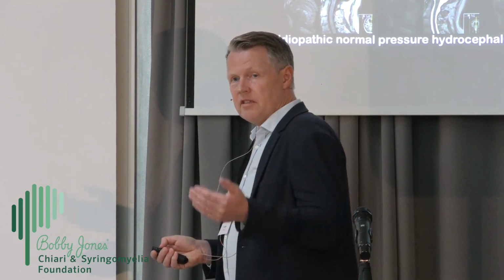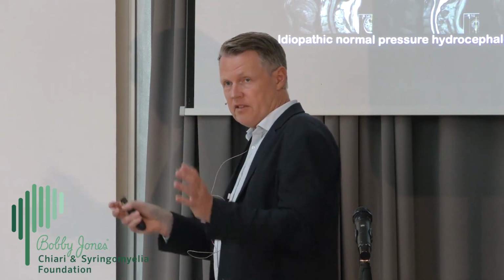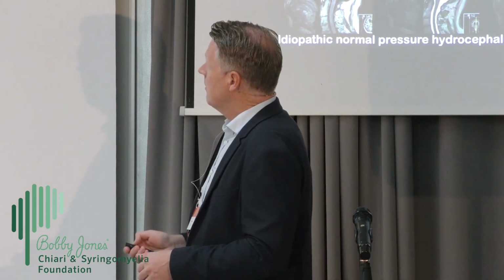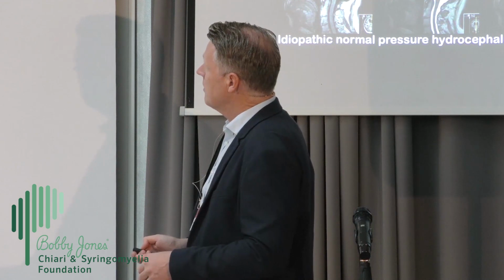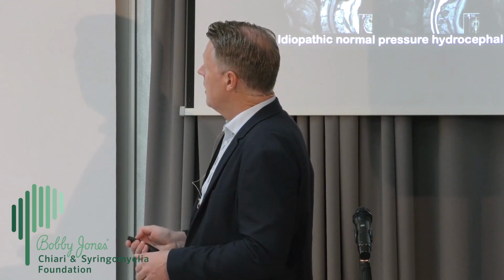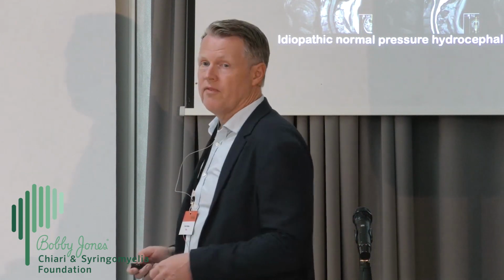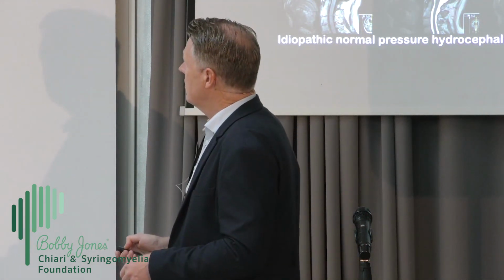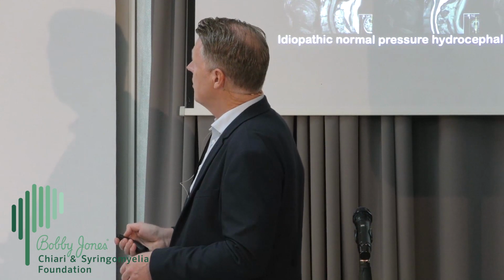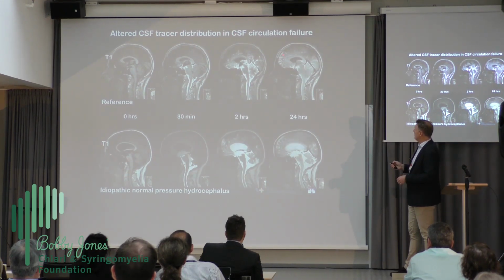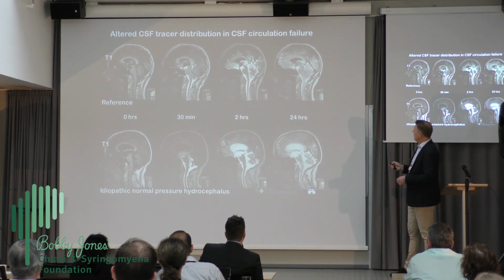So how is this CSF tracer moving within the CSF spaces? This is T1 sequences of MRI, and we can see the tracer as white color. This is a reference patient, and we can see how this comes up and distributes in the subarachnoid spaces, and then we can have an impression that the brain is lighting up, so to say.